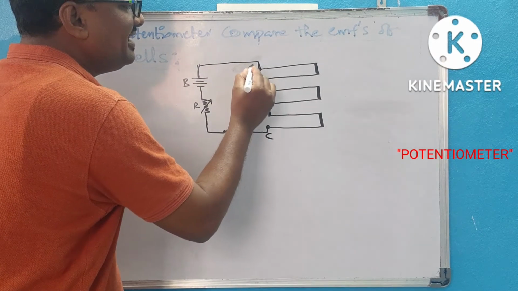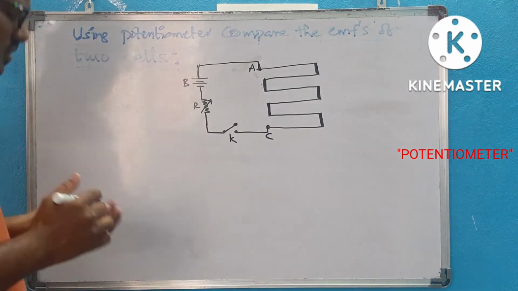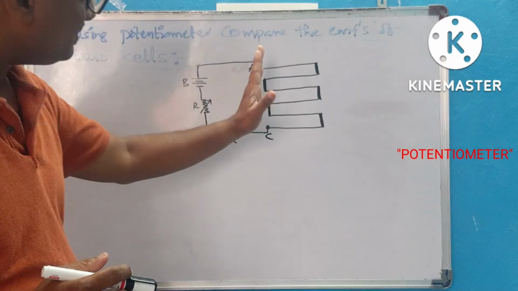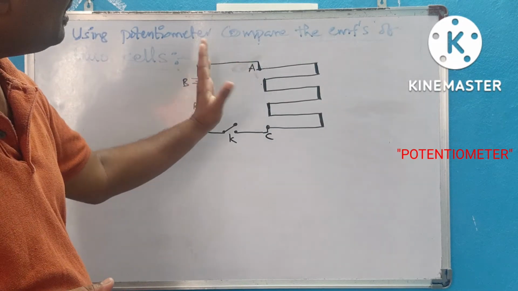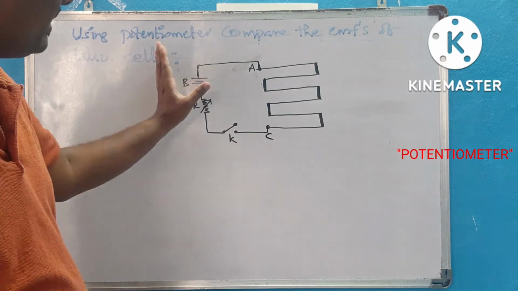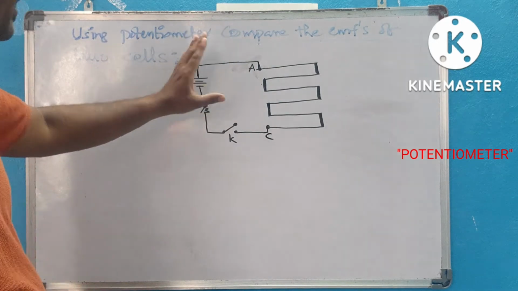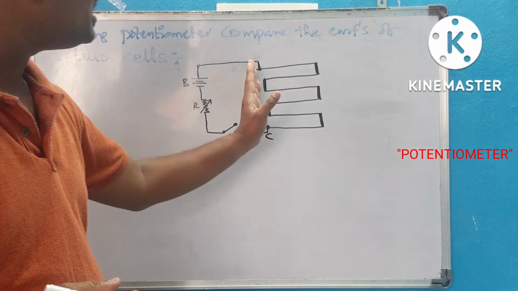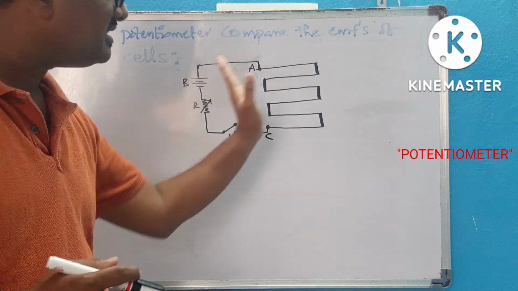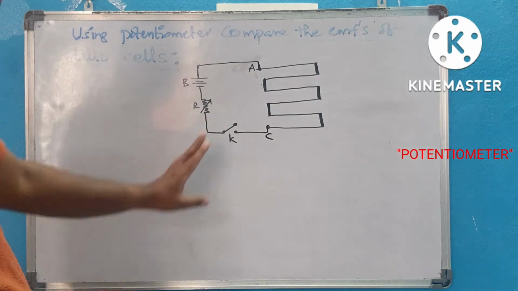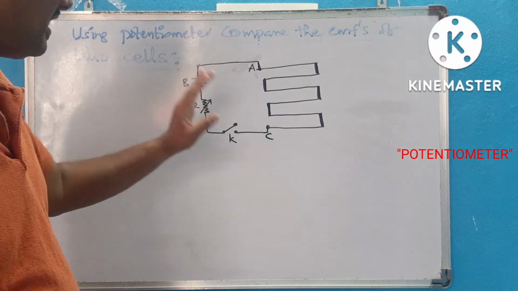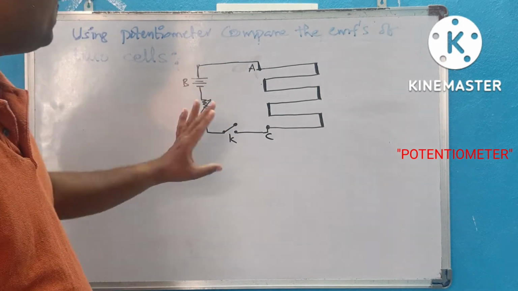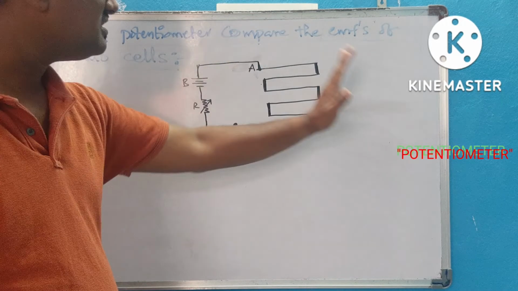The left side portion of the diagram is called the primary circuit, and the right side portion, from A to C, is called the secondary circuit of the potentiometer.